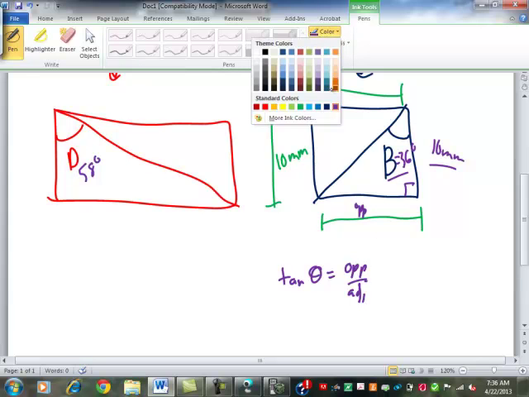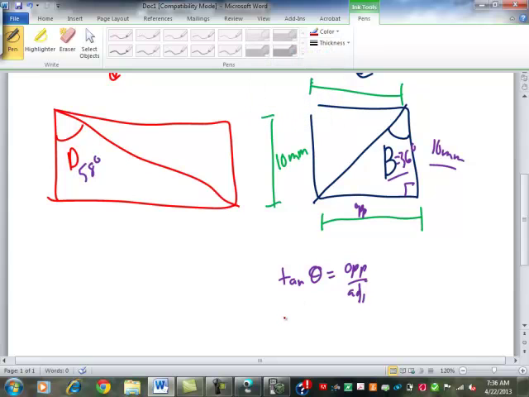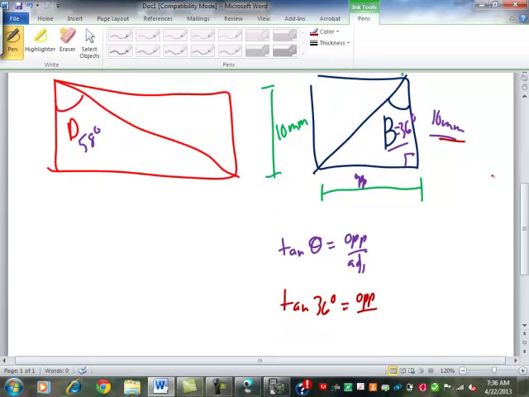So I fill in what I know. I have the angle is 36 degrees. The opposite side is what I'm looking for. The adjacent side is the 10 millimeters. So now I solve for that opposite side. I can do this and cross multiply and divide.